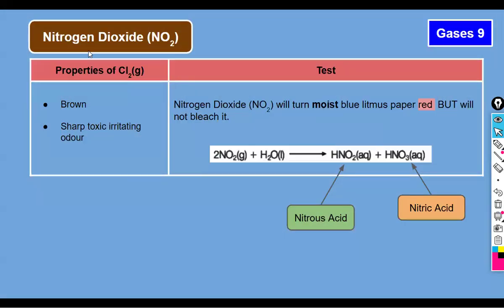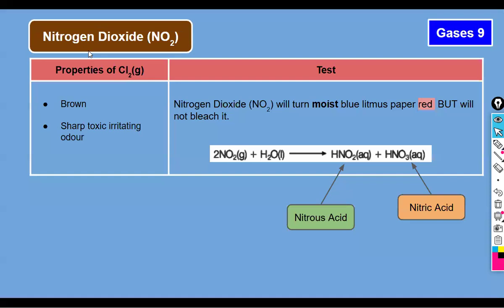Nitrogen dioxide. Last one. Nothing too big here. It's supposed to be properties of the nitrogen dioxide. It's a brown gas, and it has a sharp, toxic, irritating odor.